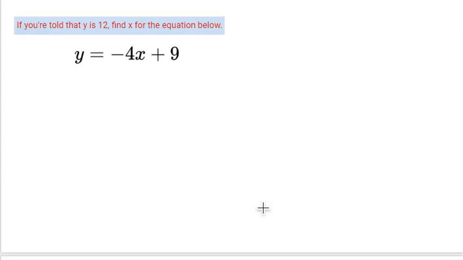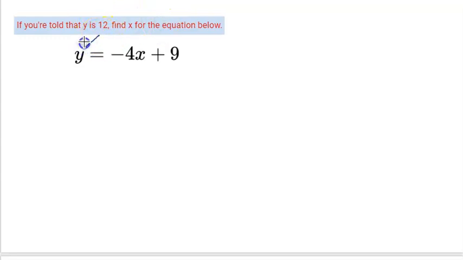All right, for this problem, if you're told that y is 12 and they ask you to find what x is. Now, it's not usually worded this simply at this stage of the game. You are in 9th grade algebra. So be careful about what is being asked. Read your problems carefully, but often they'll give you one value.